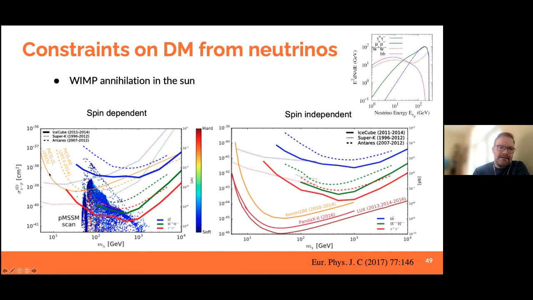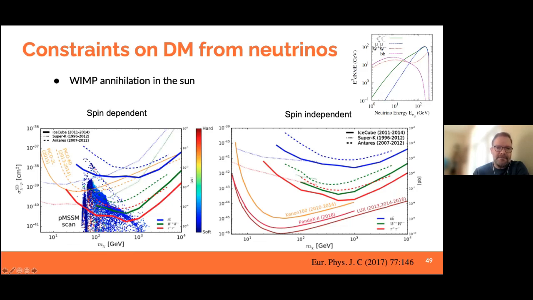In this yellow line here, we see the limits I discussed earlier from these bubble chambers. So this is the PICO limit. And then here, we see limits from IceCube, Super-K, and ANTARES. And you see, again, that different experiments are sensitive to different regions of the parameter space here. And then the different colors here are the annihilation into different assumed final states.